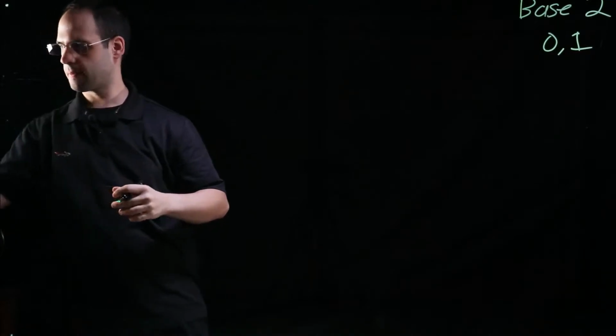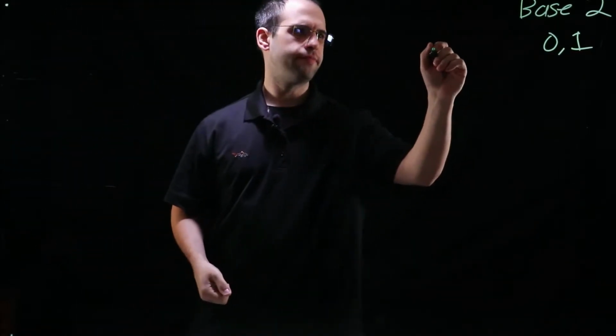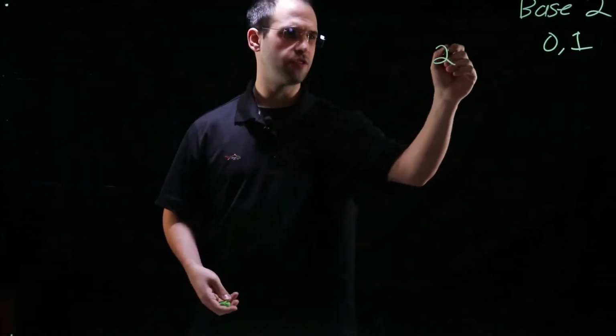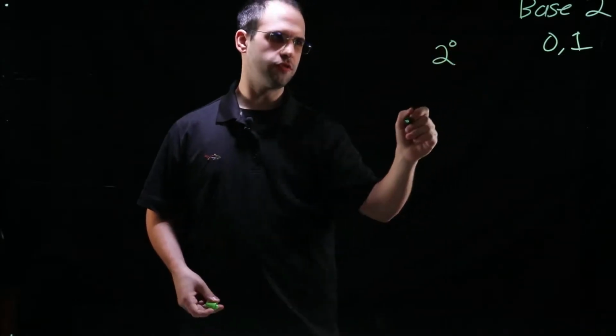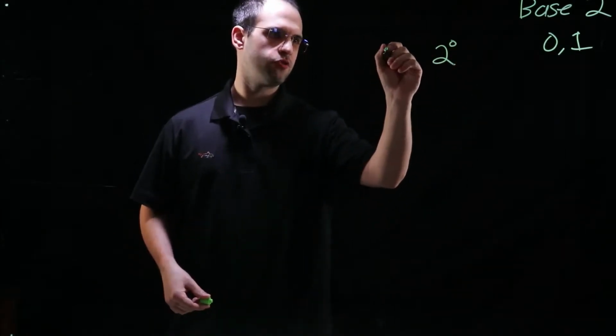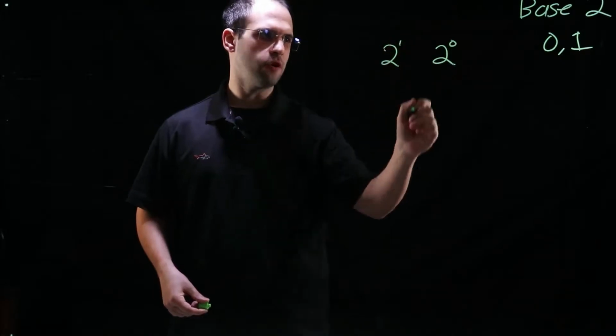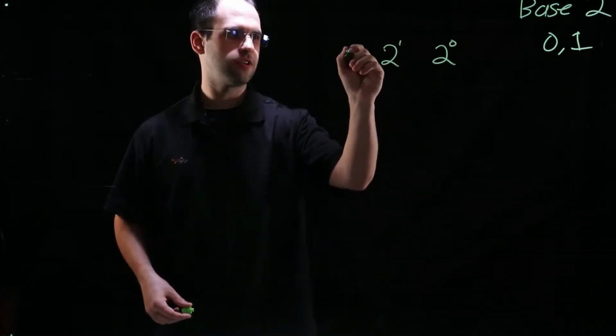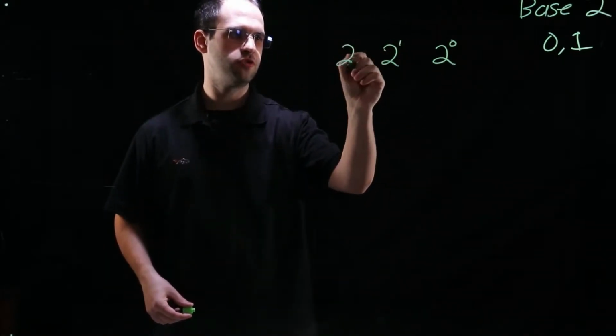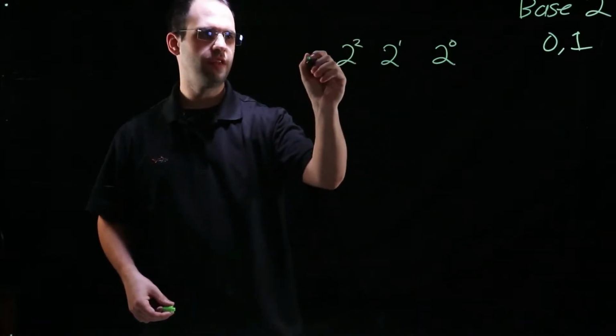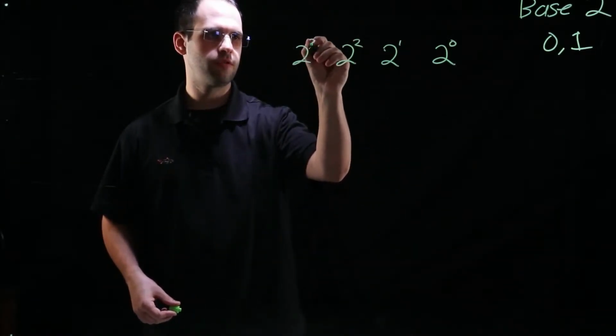It's the base 2 system, so 2 raised to the 0th power. Then the next position will be 2 to the 1st, the third position 2 to the 2nd, and then we'll go up to 2 to the 3rd.